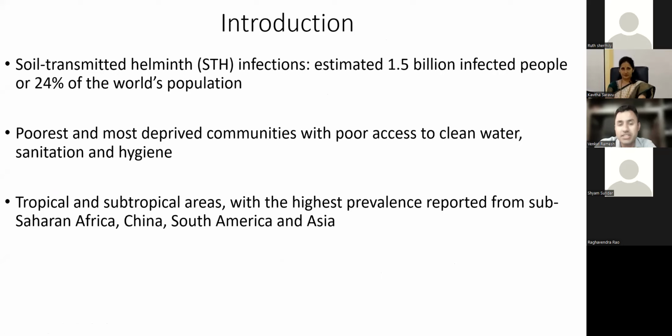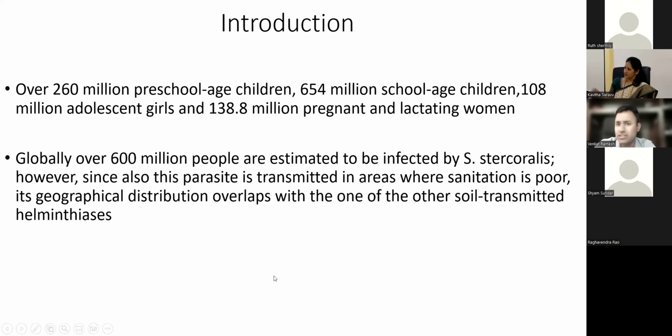These are basically people living in the least privileged societies in tropical countries, the poorest and most deprived communities with poor access to clean water, sanitation, and hygiene. The highest prevalence is reported from sub-Saharan Africa, China, South America, and Asia.